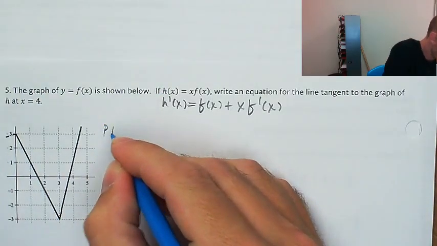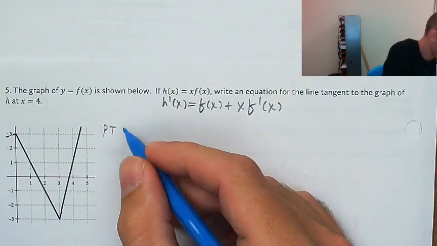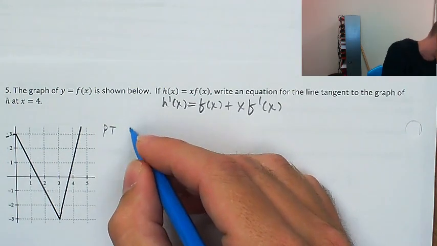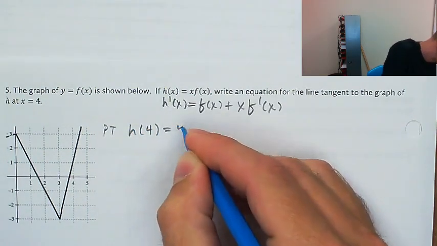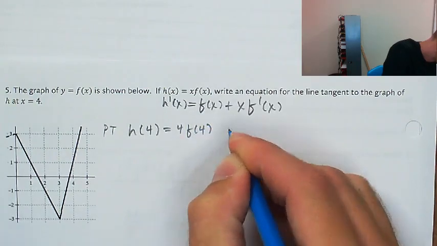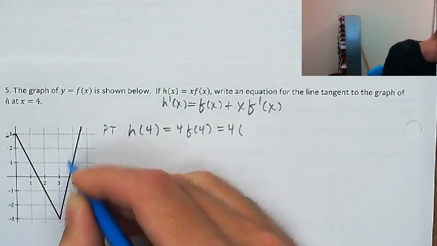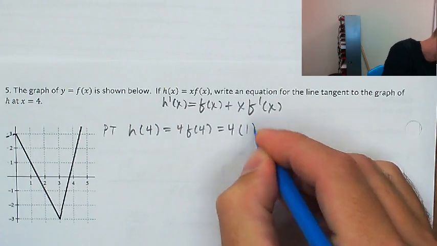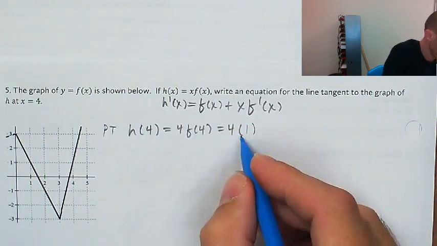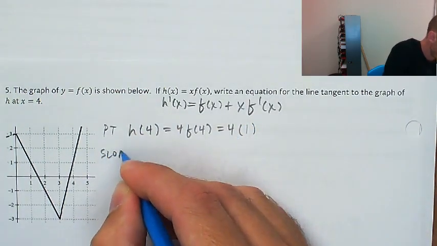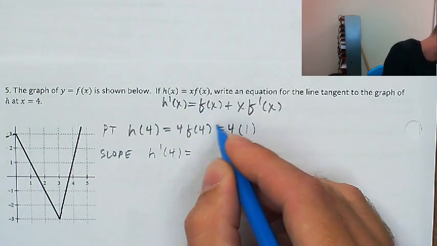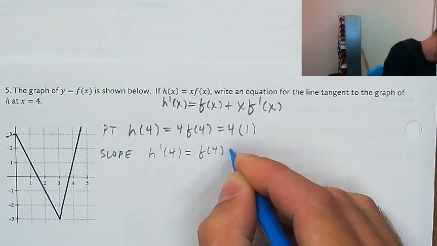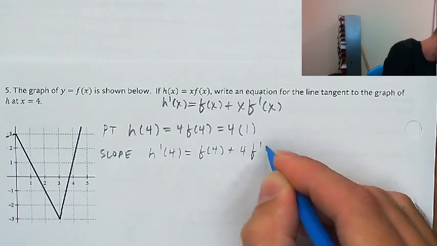In order to get an equation for a tangent line, I'm going to need a point and a slope. So my point I'll get from taking h of 4, and that'll be 4 times f of 4, and f of 4 is 1. Okay. So h of 4 equals 4. The slope is going to be h prime of 4 equals f of 4 plus 4 times f prime of 4.